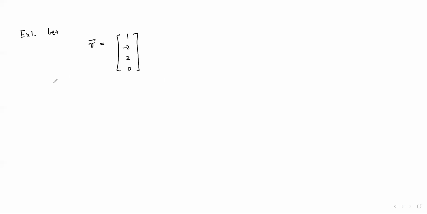Now the question is: find a unit vector. What does a unit vector mean? A unit vector has length 1. When the length of the vector is 1, we call the vector a unit vector.